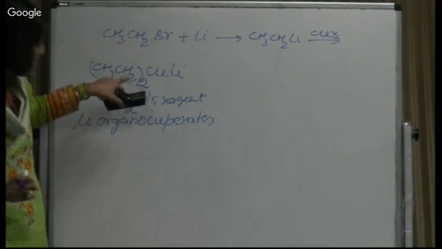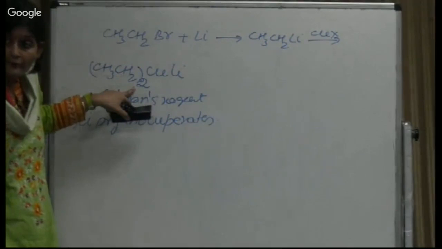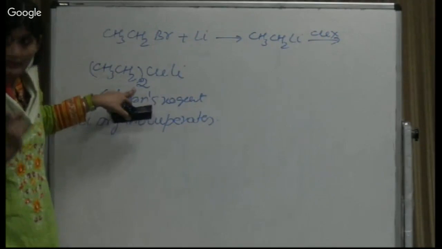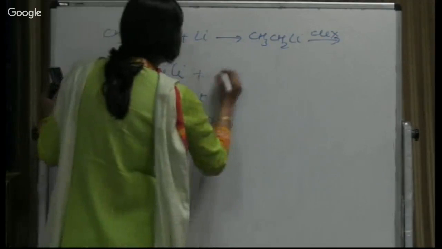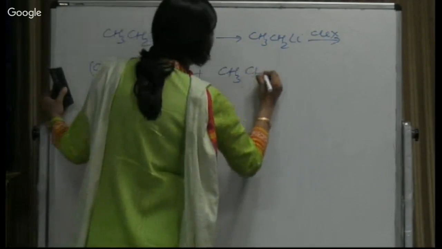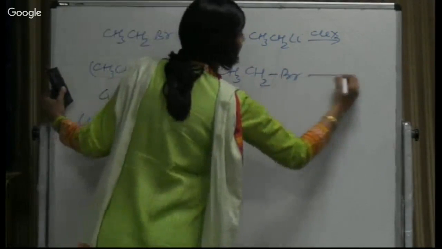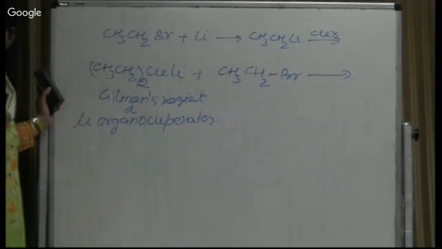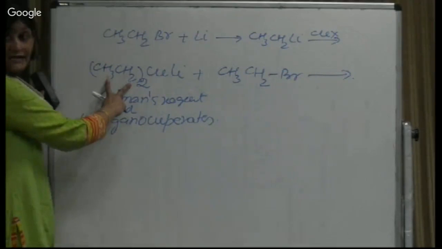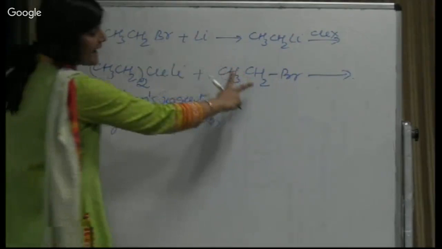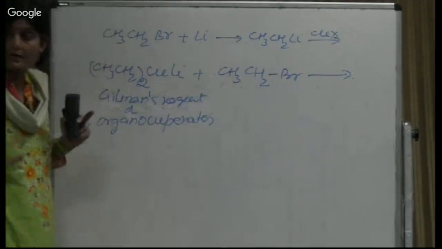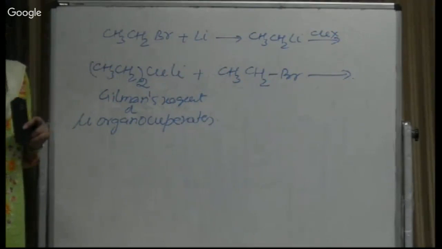You will start with this lithium organocuprate and combine it with an alkyl halide. So what will happen? This alkyl chain will combine with this alkyl chain and you will get the corresponding alkane being formed.